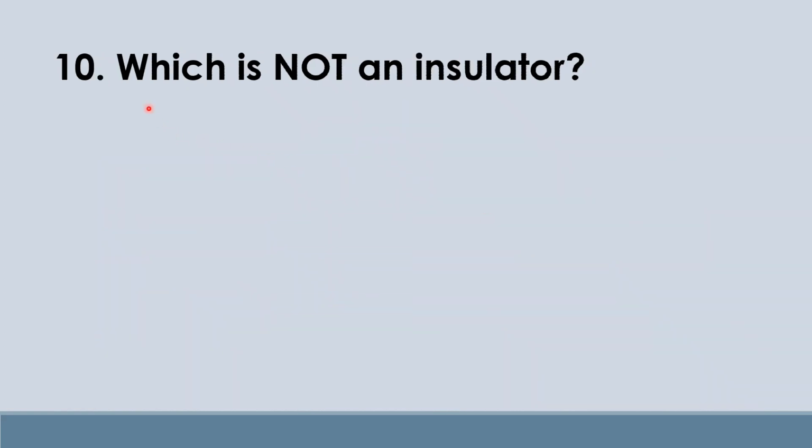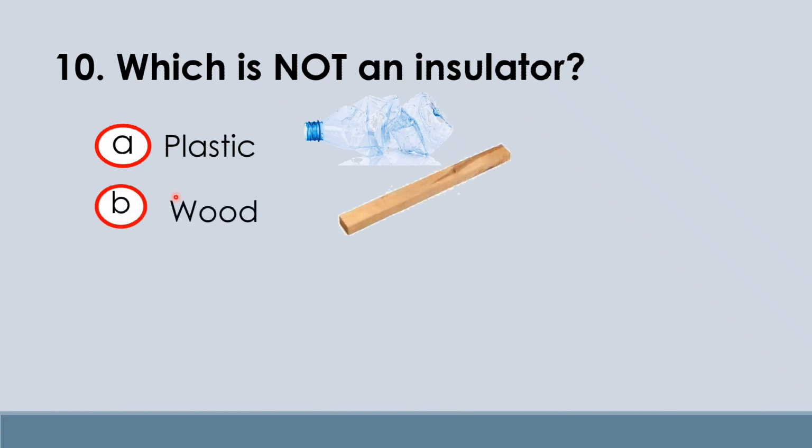For number 10, which is not an insulator? This time you have to look for not an insulator, so meaning it's a conductor. Letter A, plastic. Letter B, wood.